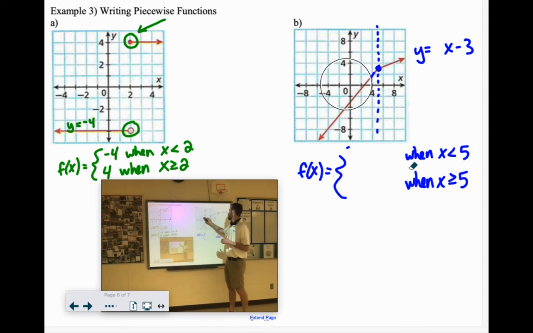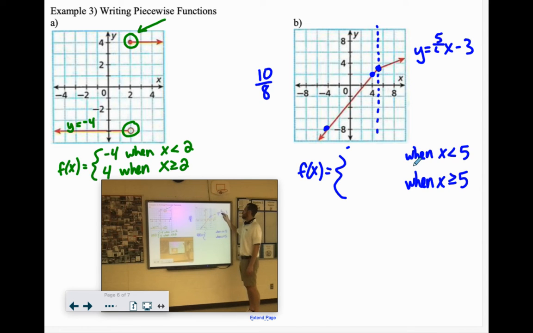From here to here, it's going up 2, 4, 6, 8, 10 over 2, 4, 6, 8. 10 over 8 would reduce to 5/4. So that would be the first equation: y equals 5/4 x minus 3 when x is less than 5.